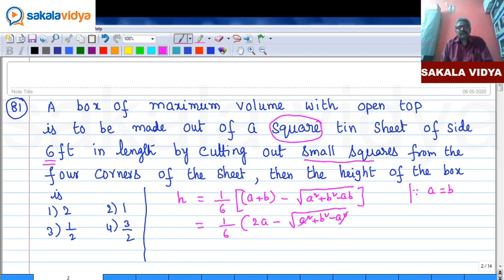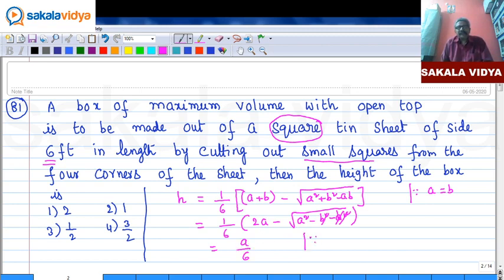A square gets cancelled. Sorry, in the place of ab write b square, so b square gets cancelled. We have here a square. So this will be 2a minus a by 6.